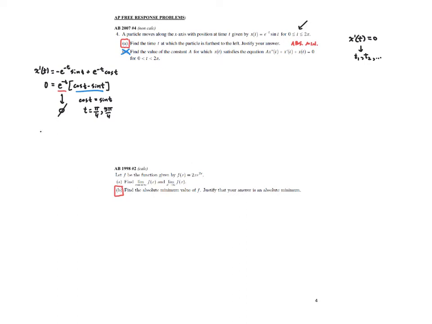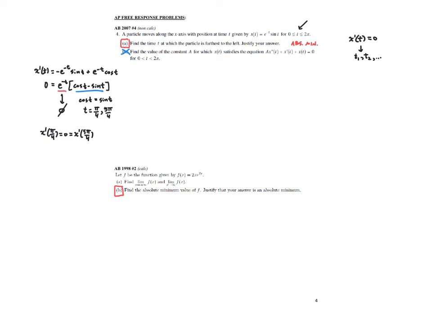So I can say confidently that x prime at pi over 4 is equal to 0, and so is x prime at 5 pi over 4. So these are candidates for which we have an absolute minimum.